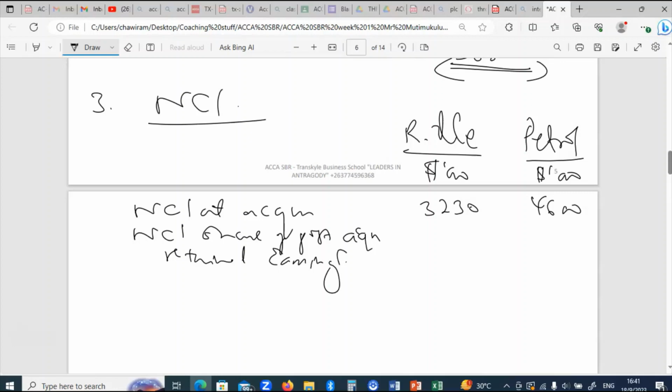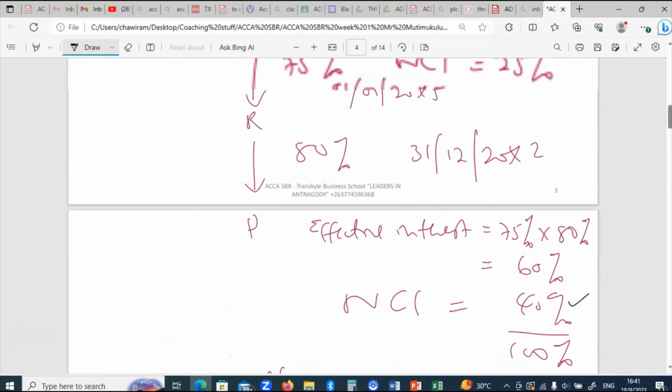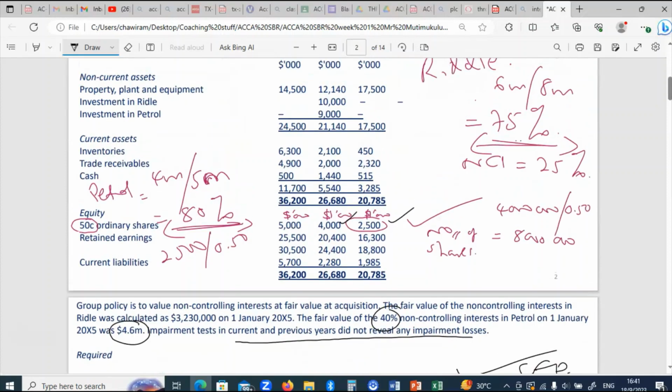Okay, now we need to determine these retained earnings, the post. Okay, how do you get that? So you say, let's say for Ridu, if we go to our statement of financial position as given, these are the retained earnings figures. Okay, retained earnings. So Ridu now has 20.4 million, and this other company has got 16.3.